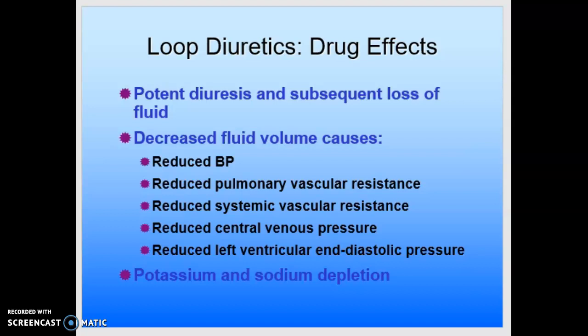And sometimes after an initial strong diuresis, there'll be a phenomenon called diuretic braking, meaning stopping, putting on the brakes, because there's this change in the osmotic gradient that's so great. We have to watch these folks for hypochloremic alkalosis and hypokalemia, because we've removed the potassium and the sodium as well as the water.